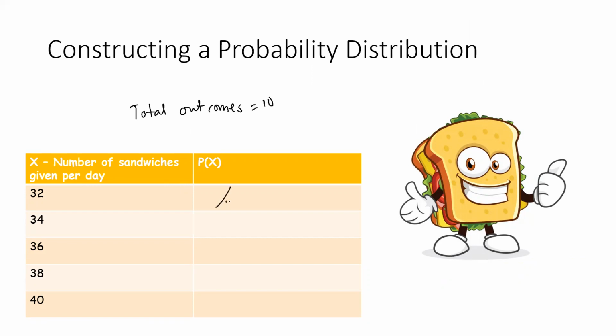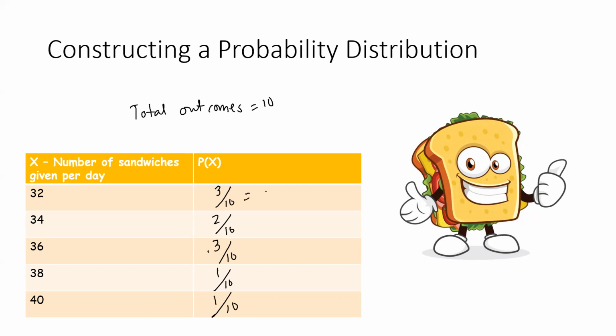It means that the denominator for every probability is 10. Recalling the frequency of each number of sandwiches, we have 3 32s, 2 34s, 3 36s, 1 38, and 1 40.